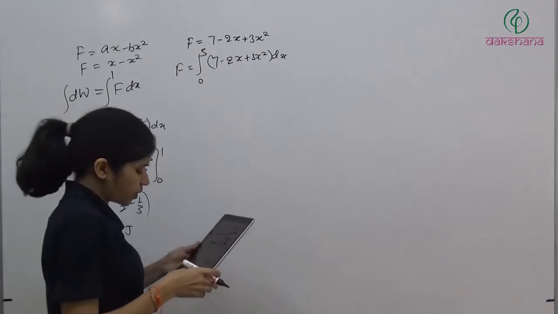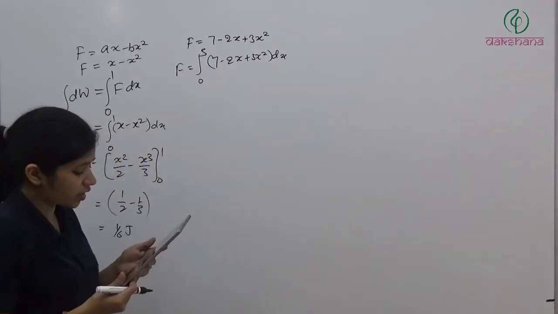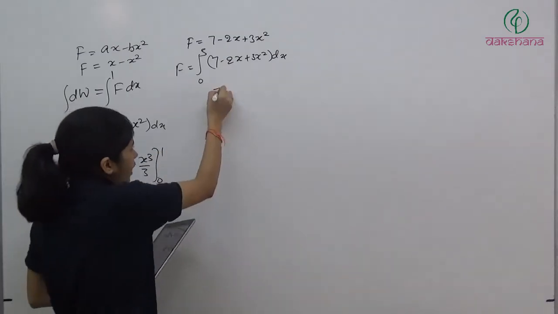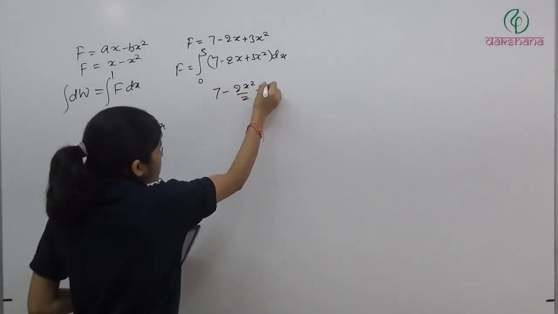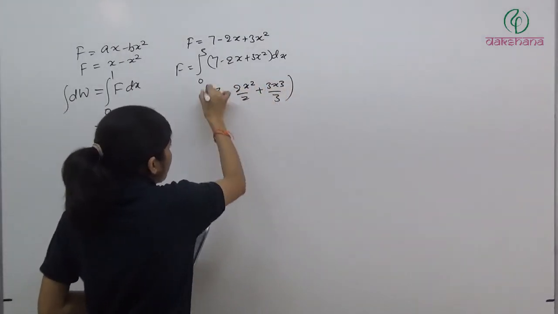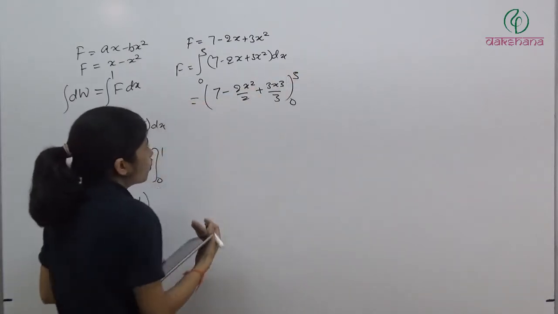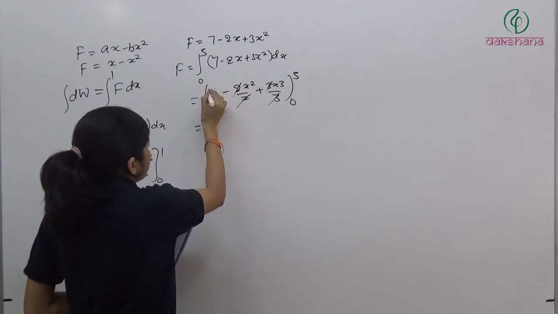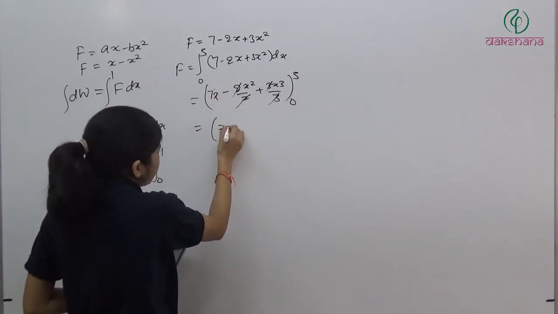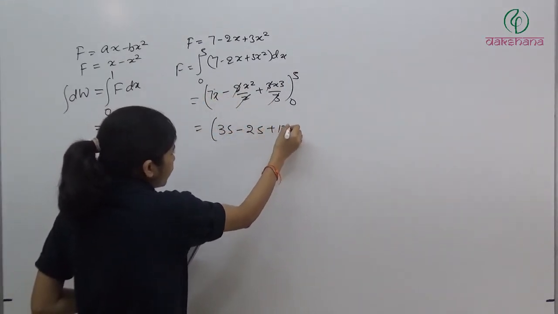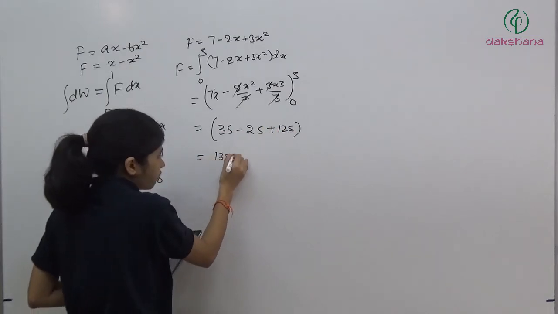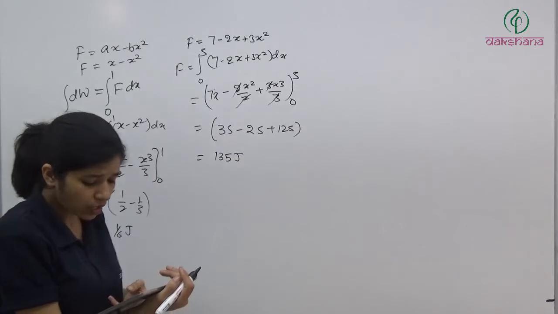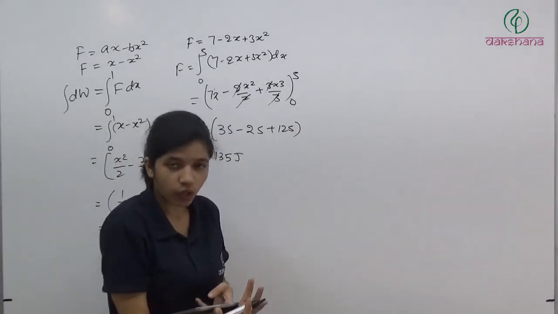Integration of 7 will be 7x, integration of minus 2x will be minus 2x square by 2, plus 3x cube by 3 from 0 to 5. Now put the values: 7x gives 35, minus 25, plus 125, it will be 135 joule. Clear? This is 10 and this is 125, 135. Answer is fourth option.